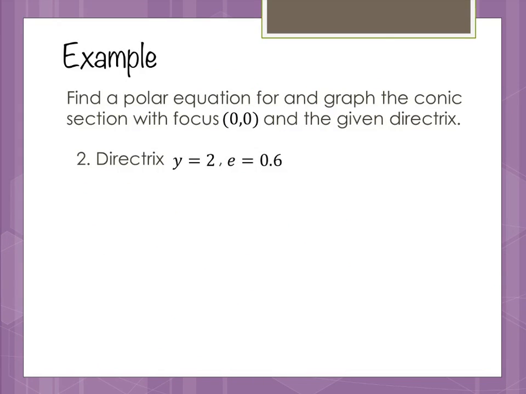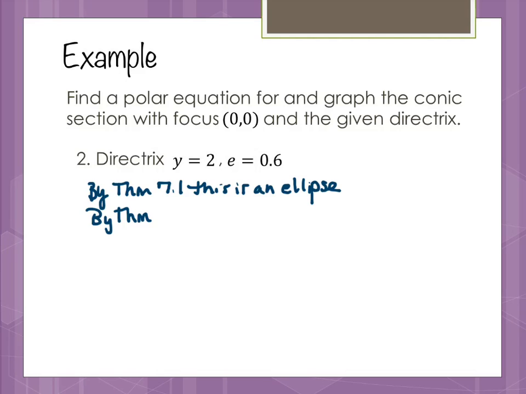Same directions, problem number 2. What graph is this? Yeah, this is an ellipse. By Theorem 7.1, this is an ellipse. And then we're going to use Theorem 7.2 to create our equation.